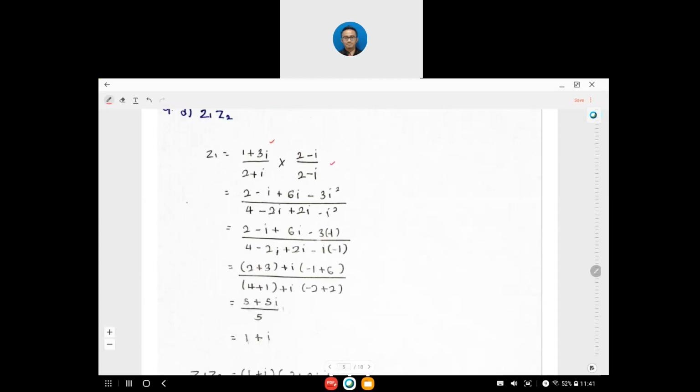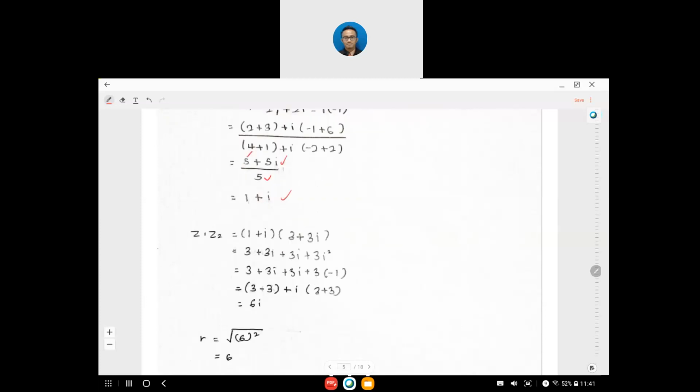So here you can get 4 here, and then 2 minus i, 6i minus 3i square. So this one you can get 2 plus 3, which is 5, and then negative i plus 6i, 5i. Okay, so your final answer for Z1 is 1 plus i.